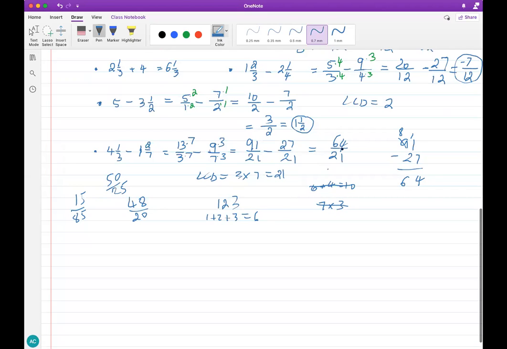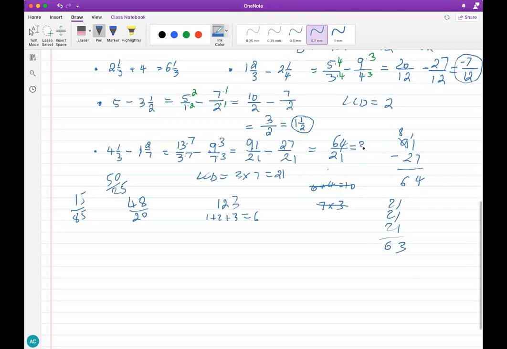Back to this one. There's one more thing we can do here. What is it? We can turn this into a mixed number. How many times does 21 go into 64? 21, 21, 21. What's the whole part? 3.